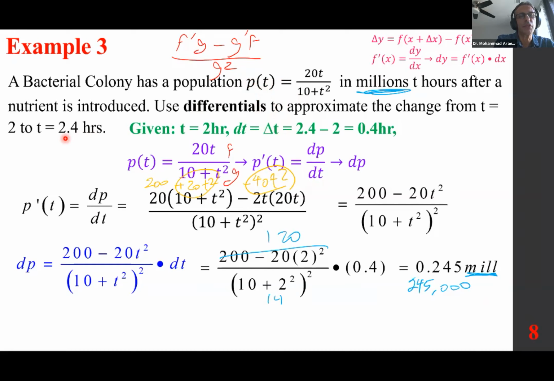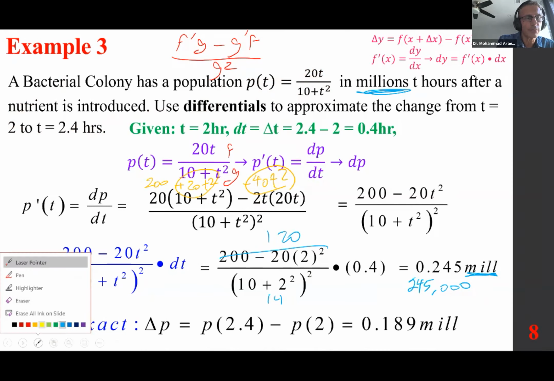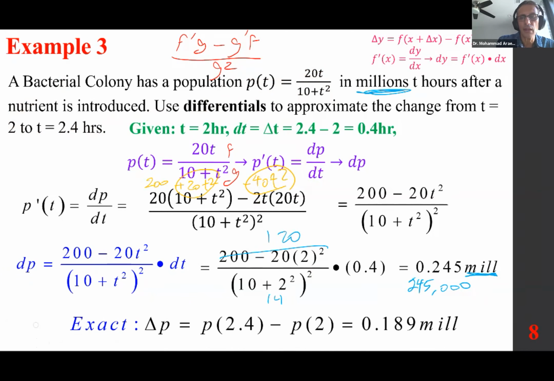In other words, p of 2.4 calculated, p of 2 calculated, and their difference is the exact answer, which is elementary algebra. Plug in the two values, and that means 189,000 bacteria.